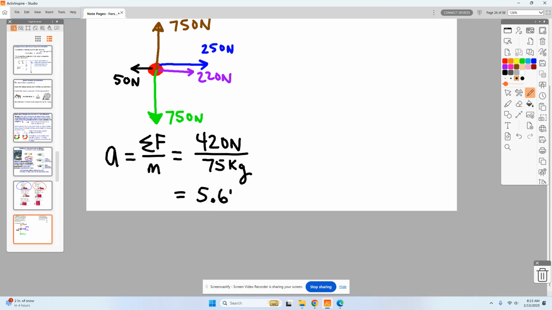Now, technically I could write newtons per kilogram, but the better unit is to say that it is equivalent to meters per second per second. So even though that's what the equation gives me, that really is the same as 5.6 meters per second squared.